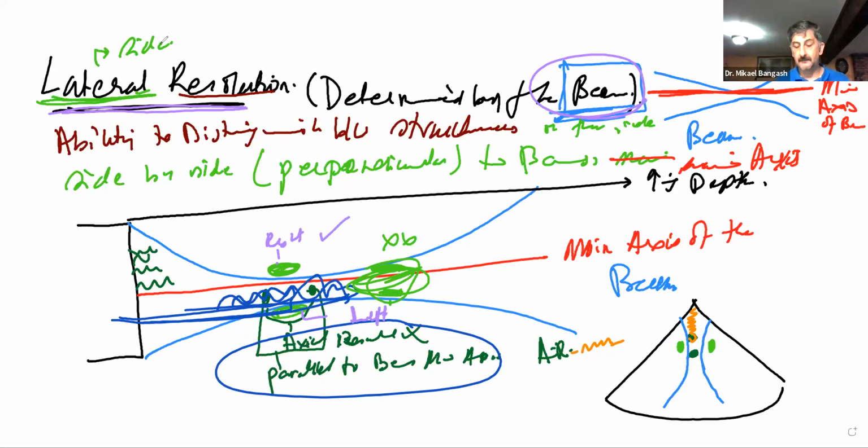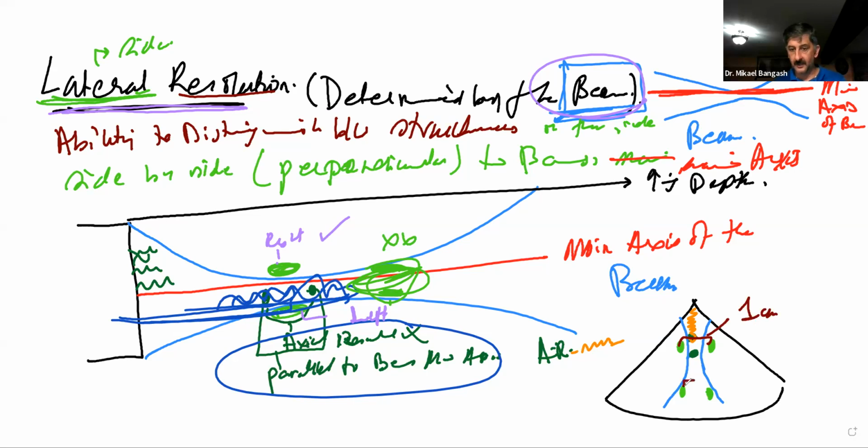So, side by side. Now at a greater depth, for instance, we may have two structures at the same distance. Down here the distance between the two is the same. Let's say here the distance was, assume, 1 centimeter apart.